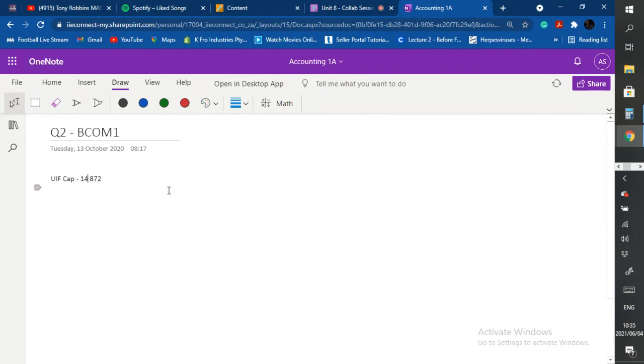In other words, if you have a salary greater than this cap, you will calculate the 1% based on that 14,872 as opposed to your actual salary. This is why we say your UIF is 1% of your UIF remuneration, and we don't say 1% of your salary.